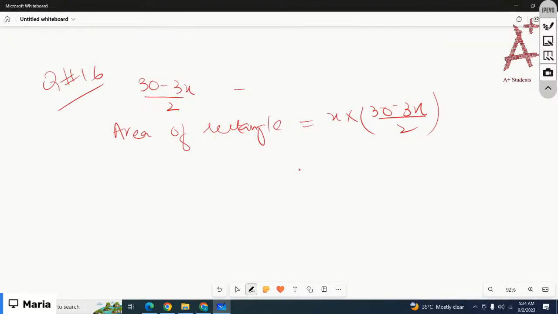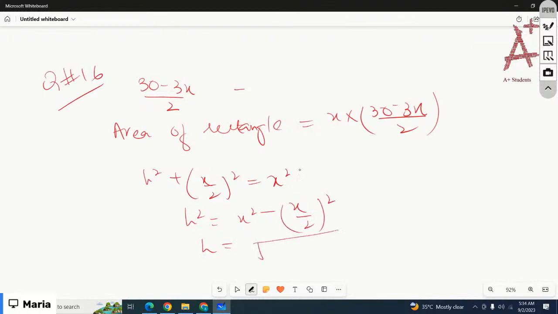So draw a perpendicular bisector from the top vertex of the triangle to divide the equilateral triangle into two right angle triangles. Now use the Pythagorean theorem. It will be h square plus x over 2 square equals x square. So h square equals x square minus x over 2 whole square.